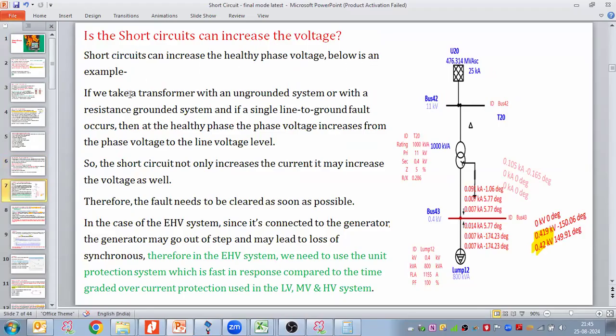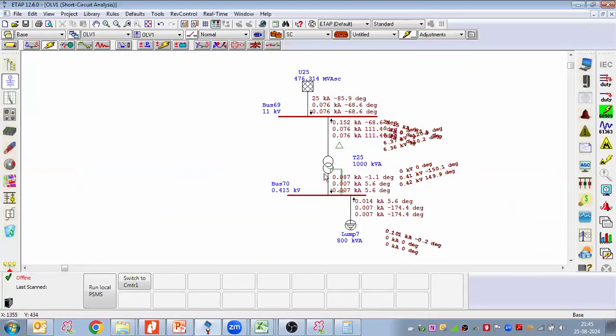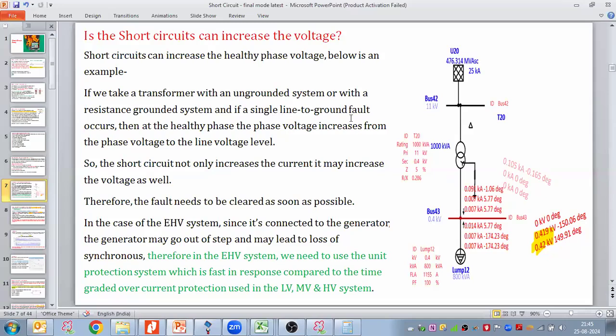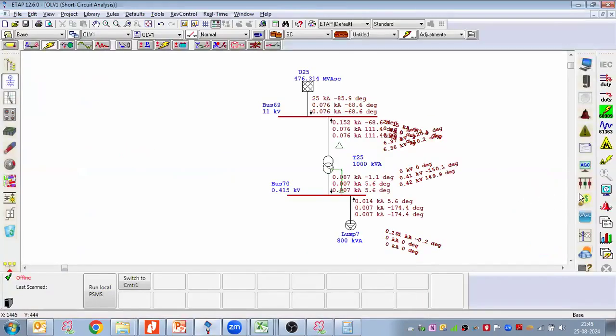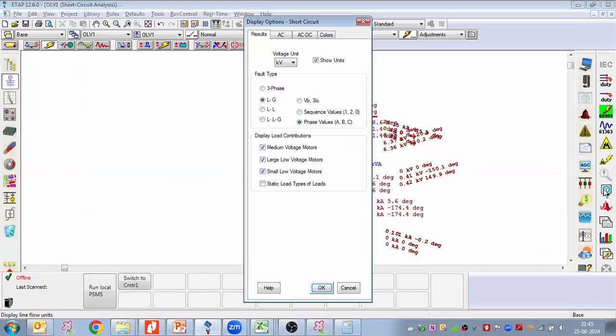Below is an example. If you take a transformer with an ungrounded system or with a resistive grounded system, we took a transformer with resistive grounding. And if a single line to ground fault occurs, yes, we perform a single line to ground fault. So go to the display options, run here, fault type L2G, RYB, ABC, right?